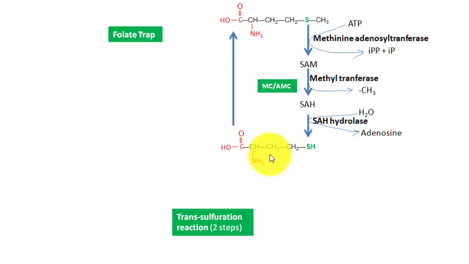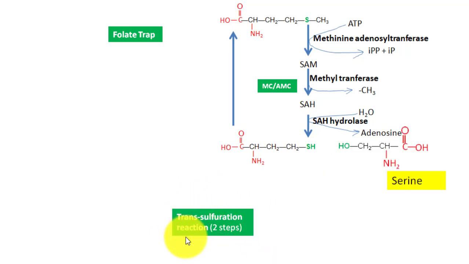And this way is associated with vitamin B6. What happens is this homocysteine will react with cysteine, and this sulfur will be transferred to the cysteine carbon, and that is why this reaction is a trans-sulfuration reaction. This reaction occurs in two steps.